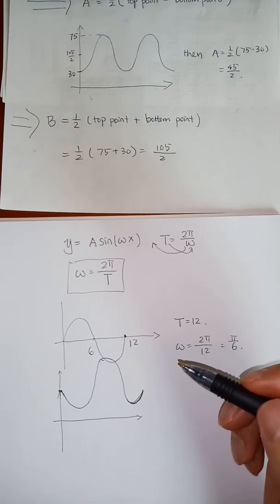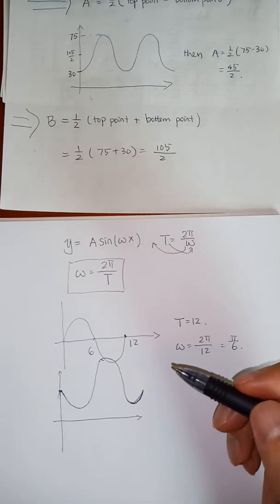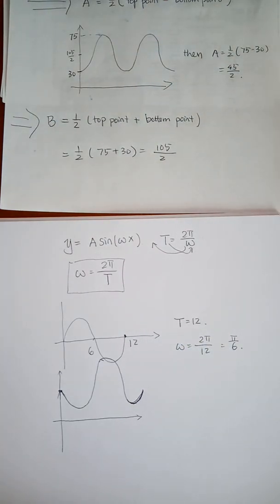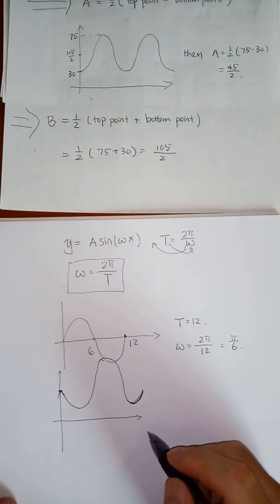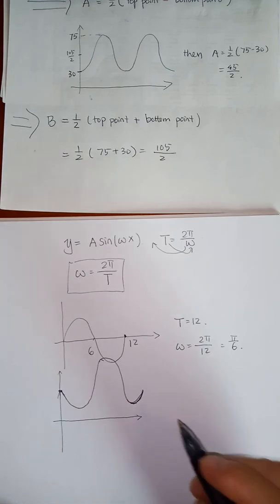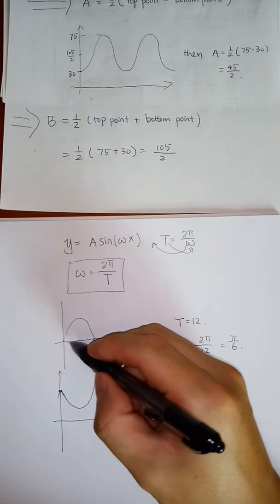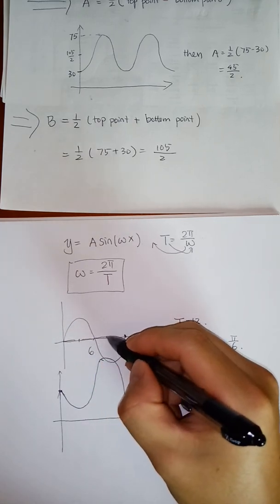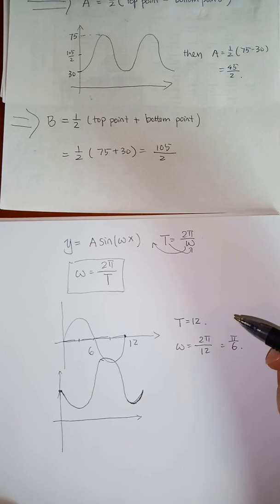Okay, so what's this? We first have the period, then the period divides the interval into 4 parts. You see here, whenever I have a period, you have 4 parts. 1, 2, 3, and 4.